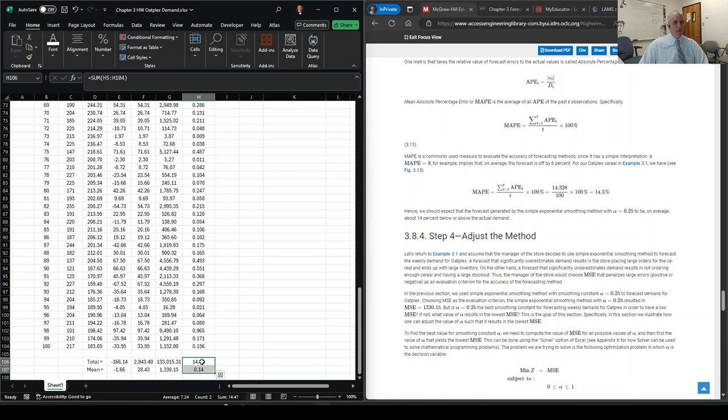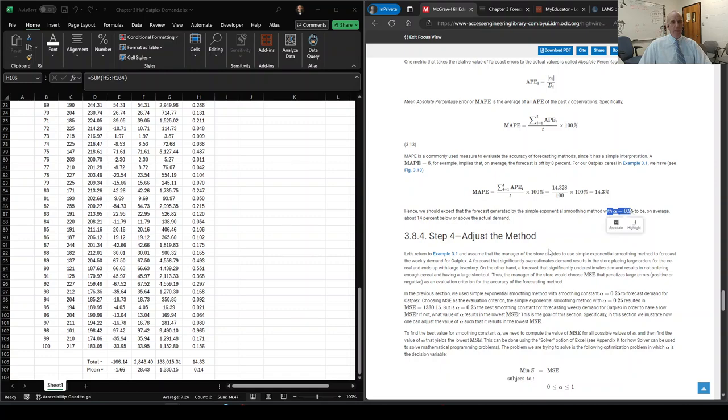And so here we have 14.33, which helps us see that it's about 14% above or below the actual demand. That is the accuracy of this forecast, again assuming that the alpha is 0.25.